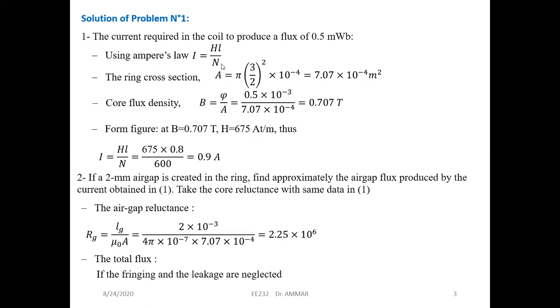So as I said, if the fringing and the leakage are neglected, the total flux is the same as the air gap flux, because we have neglected the leakage flux. So the total flux is equal to the air gap flux.